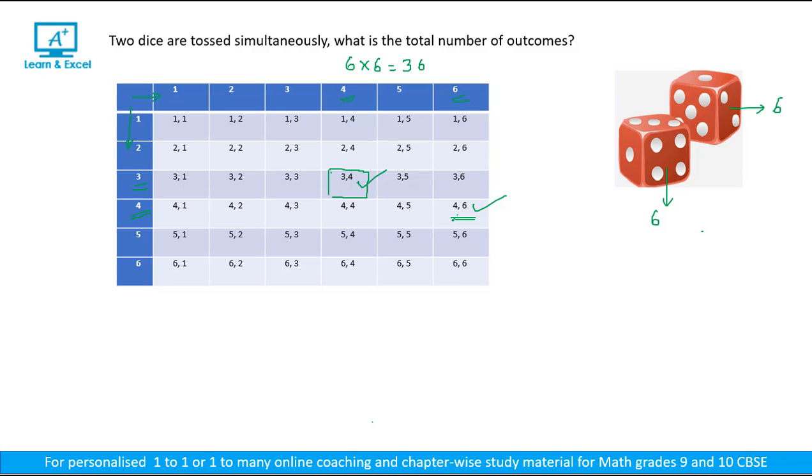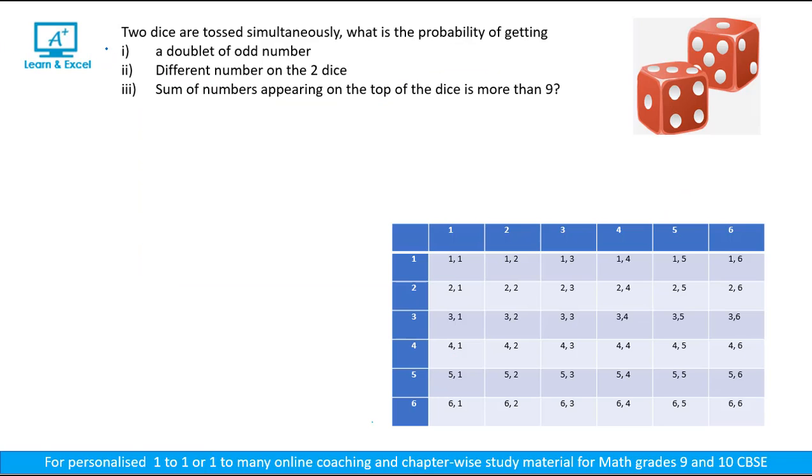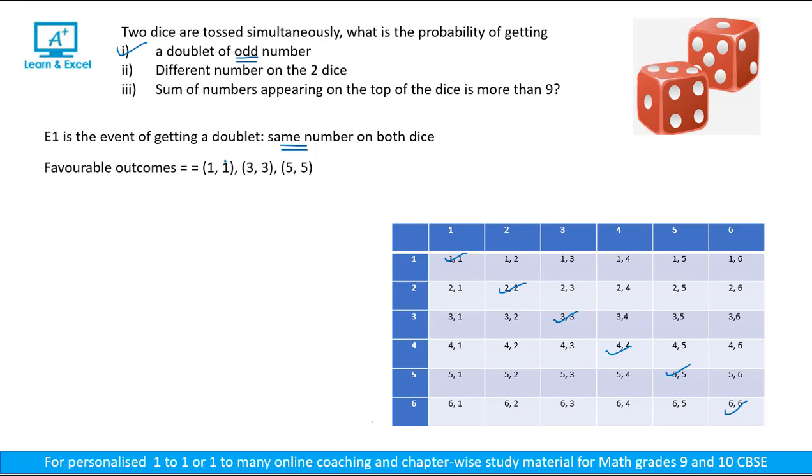Let us understand this concept better by tossing two dice simultaneously. Find the probability of getting a doublet of an odd number. Let this be the event E1. A doublet means getting the same number on both the dice. So that means 1, 1, 2, 2, 3, 3, 4, 4, 5, 5 and 6, 6 are doublets. Now the question asks for an odd number doublet. So the favorable outcomes will be 1, 1, 3, 3 and 5, 5.